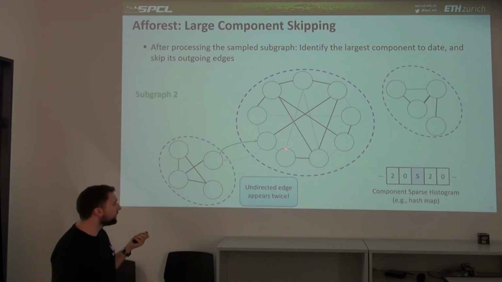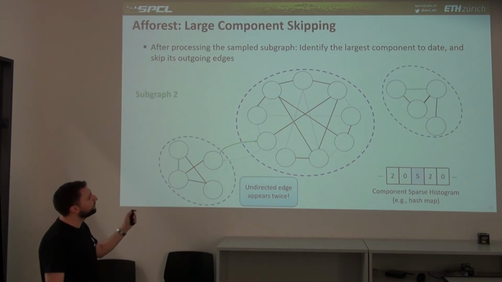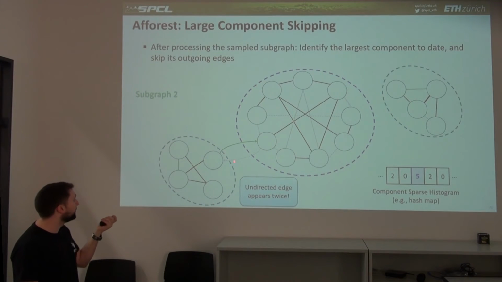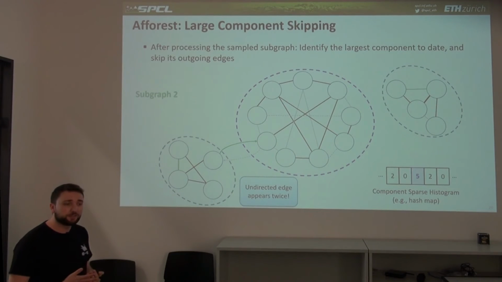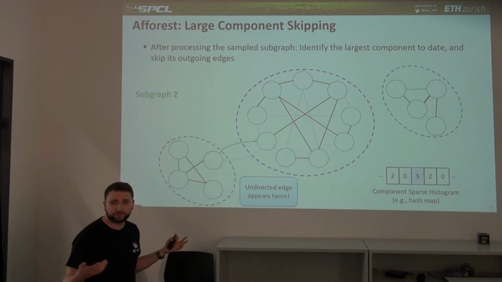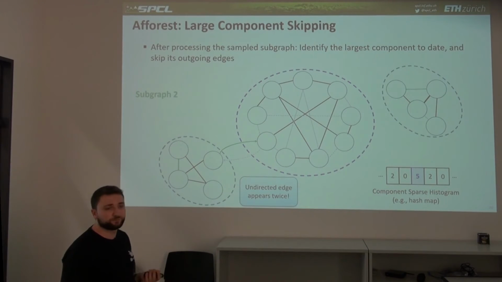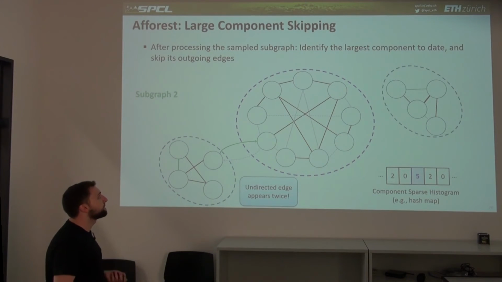So it will appear once in the context of this largest component, which will be skipped as usual, but it will also be sampled at some point from this node from the other component, and therefore connected. And as we prove in the paper, this also reaches the exact solution of the connected components algorithm.